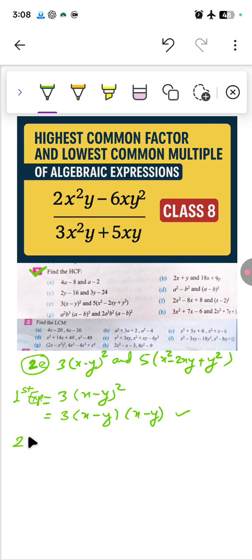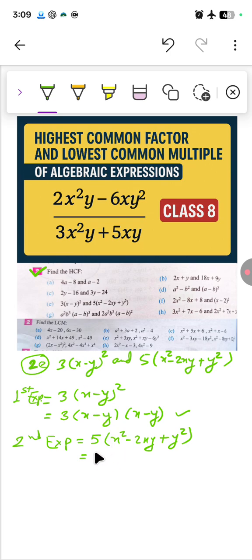Now the second expression. In the second expression we have 5 multiplied by x square minus 2xy plus y square. Now 5 itself is a prime number. There is no other factor of 5.